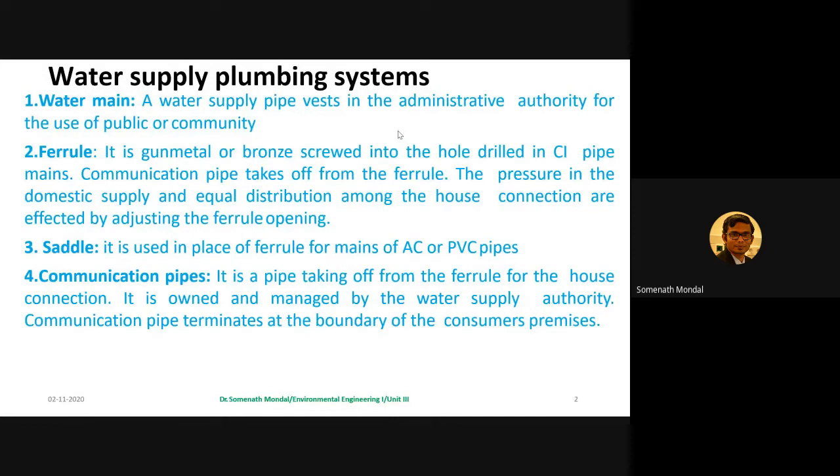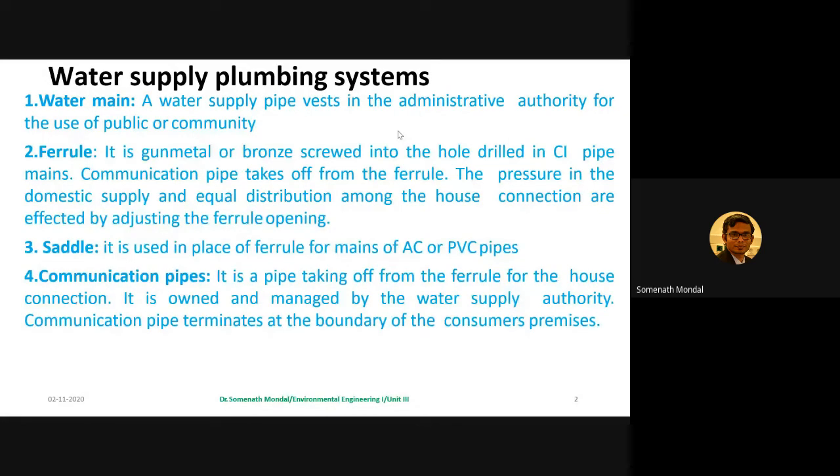Next is communication pipes. It is a pipe taking off from the ferrule for the house connection. Just try to imagine the entire scenario: from the water main, you are connecting it through the help of the ferrule, and from the ferrule to your house, the pipeline which is connecting this route is called the communication pipe. It is owned and managed by the water supply authority, which is very important, and the communication pipe terminates at the boundary of the consumer's premises.